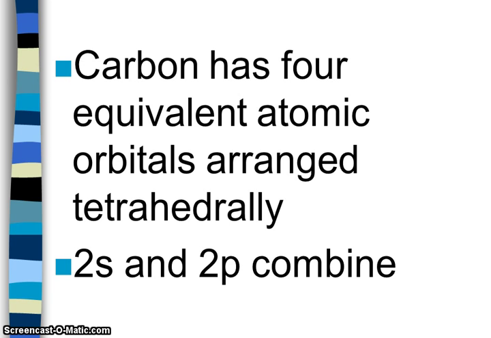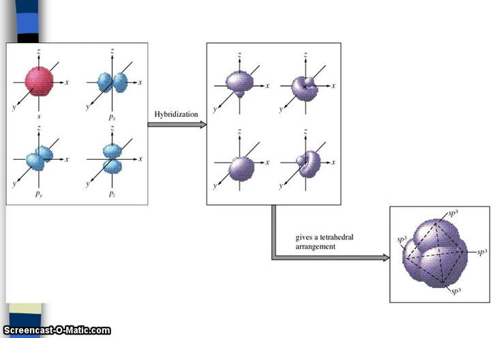So the 2s and the 2p orbitals must combine together. Over on the left-hand side, we have our 2s and our 2p orbitals, and a process called hybridization takes place, where we end up with four equivalent hybridized orbitals.